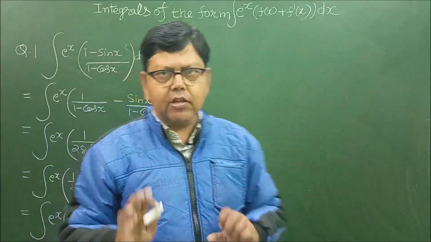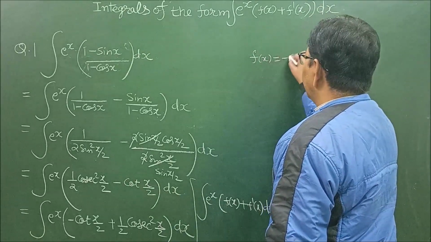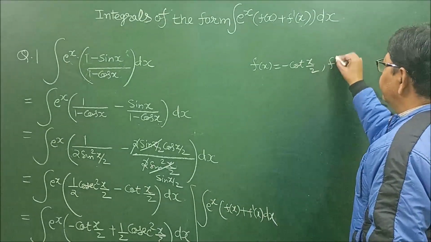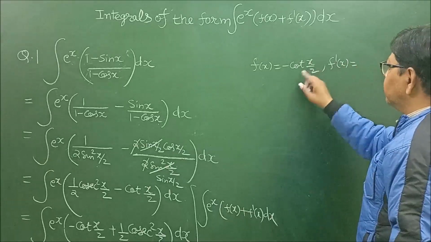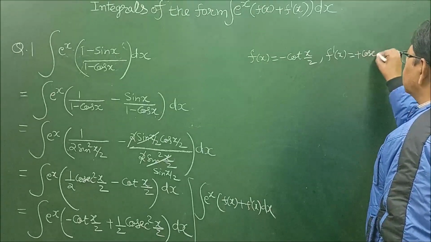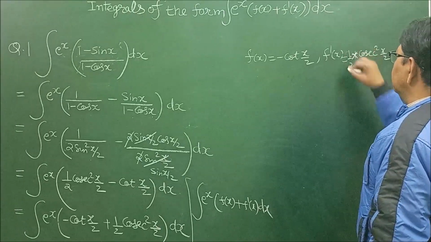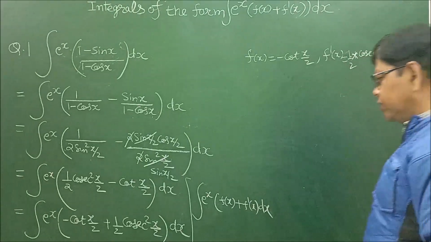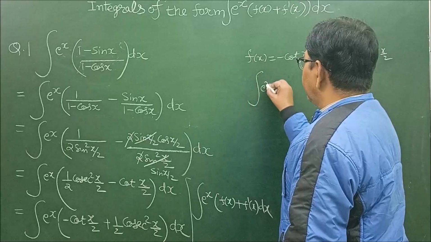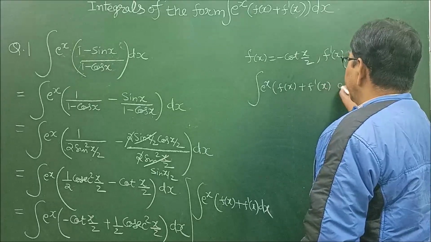So if I take f(x) equal to minus cot x by 2, then the derivative of this function, f'(x), is equal to minus of minus cosec square x by 2, the minus sign is here so it becomes plus cosec square x by 2, and the derivative of x by 2 is half, so this is equal to half cosec square x by 2, which is here. So now this integral reduces to the form integral of e raised to the power x [f(x) + f'(x)] dx.